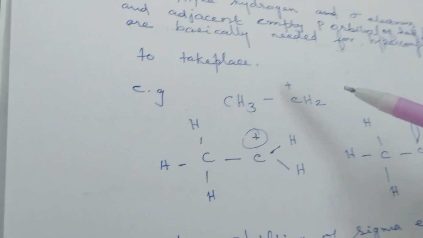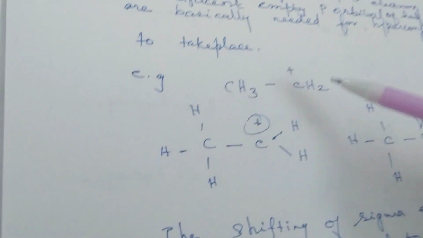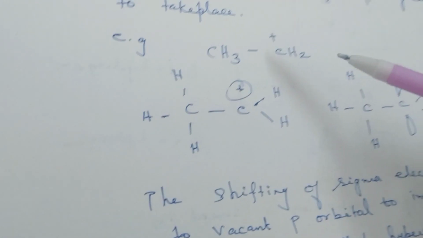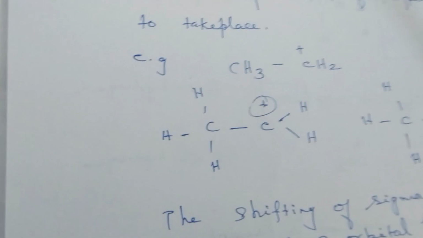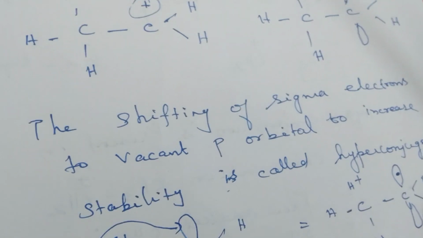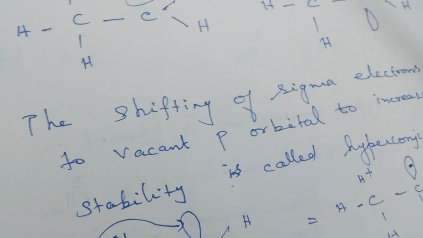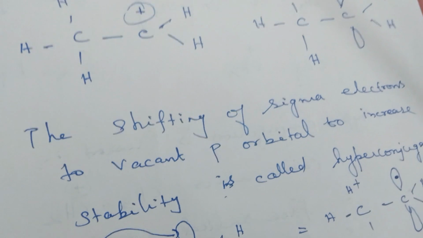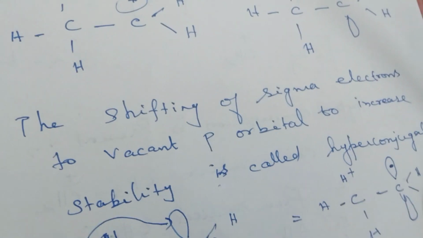So hyperconjugation takes place in this compound. Okay, how do you define hyperconjugation? The shifting of sigma electrons to a vacant p orbital to increase the stability is called hyperconjugation.